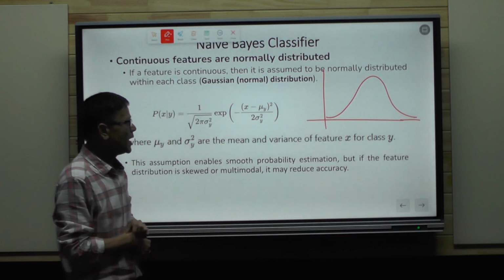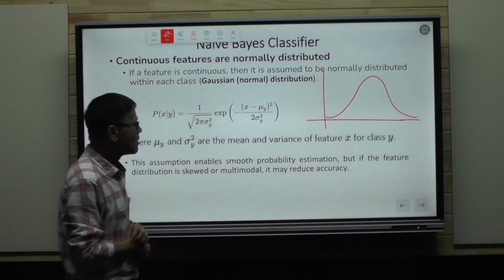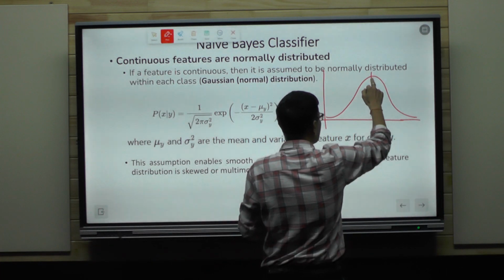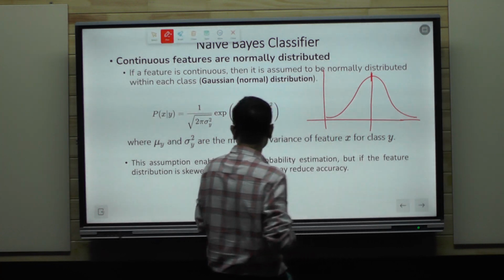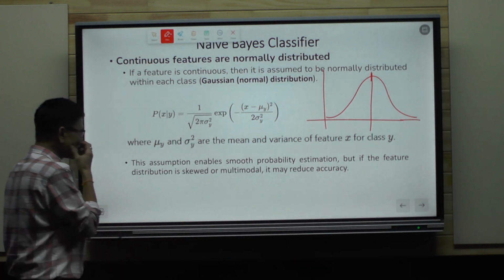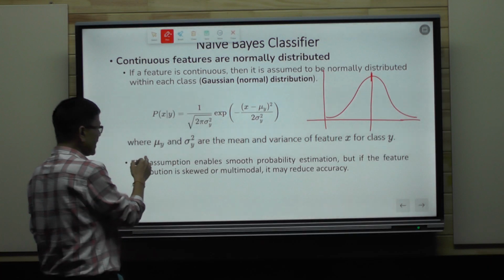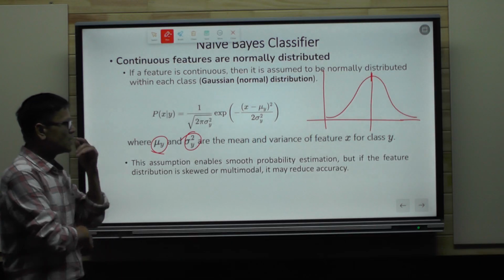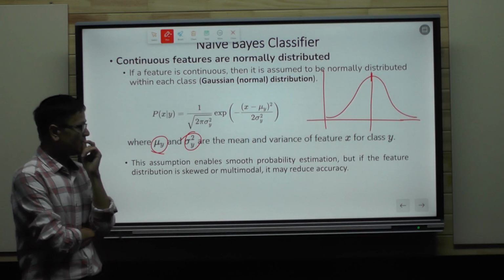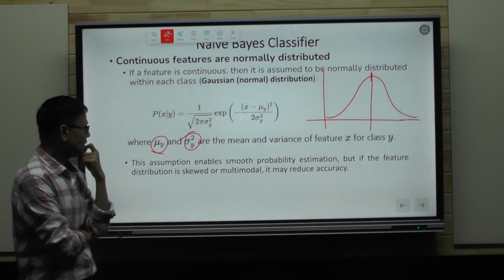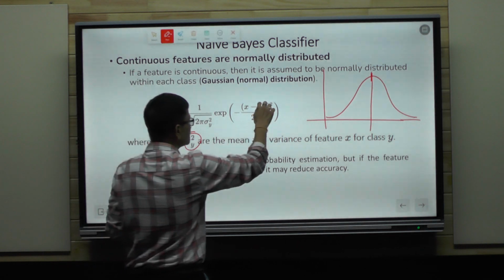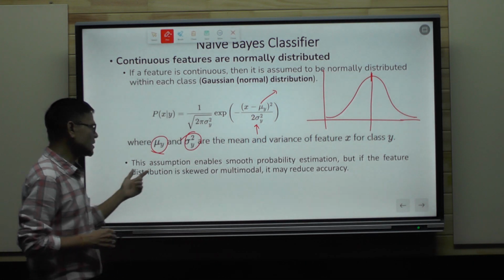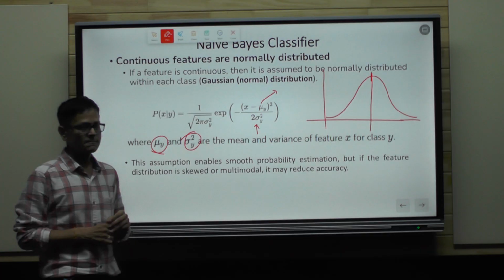It is not skewed, so the mean, median and mode all lie over here. Mu of y and sigma squared of x are the mean and the variance of the feature x for class y. So mu is the mean, and this is the variance. This assumption enables smooth probability estimation.